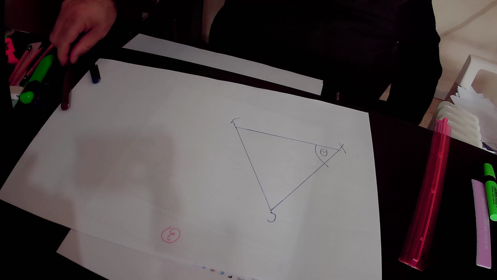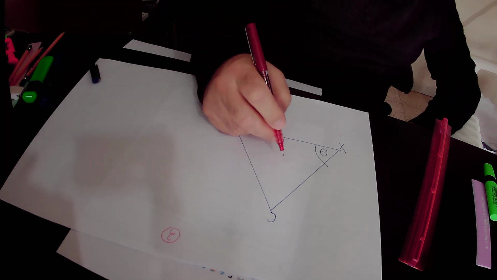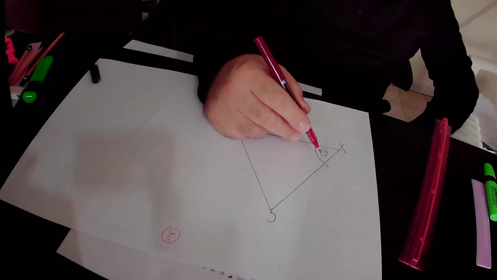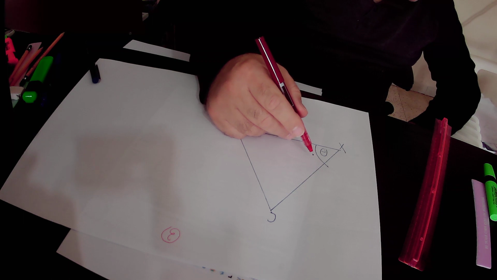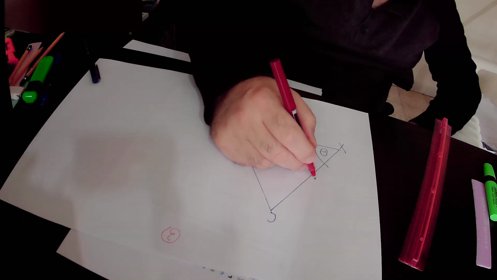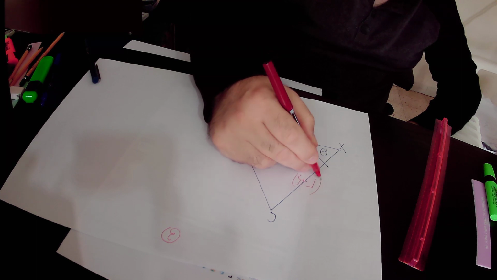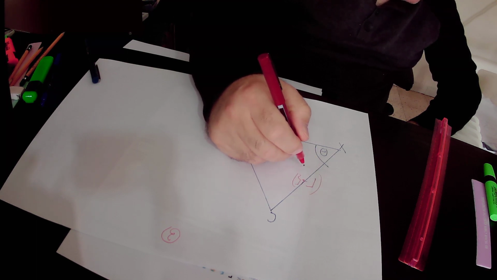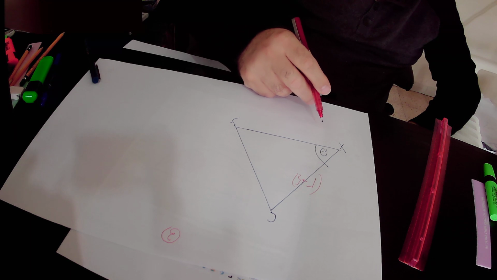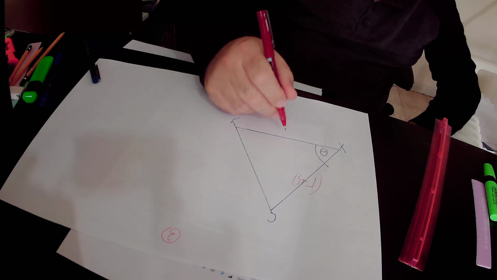We have already found out that line segment CX equals 5R plus 5. We already found out that XY equals 10 units.